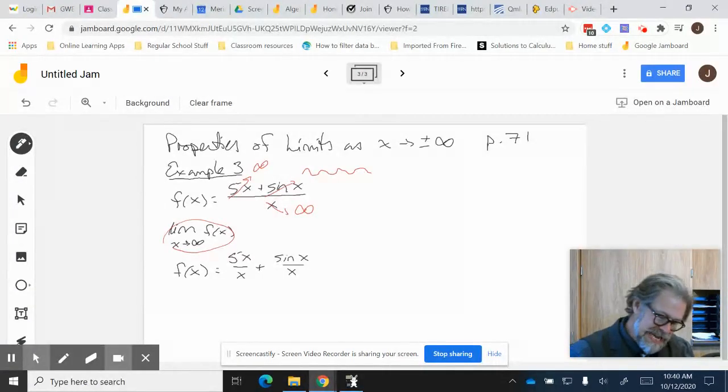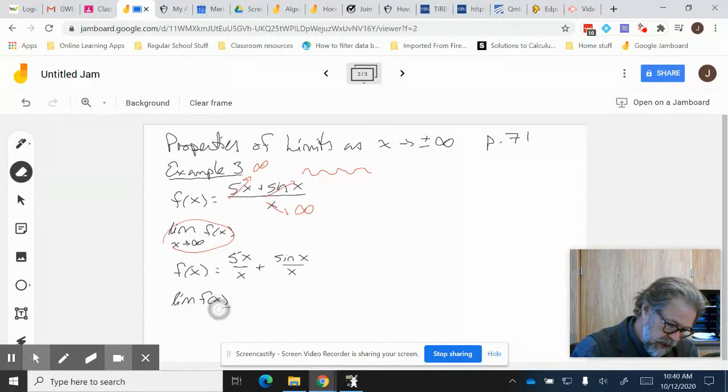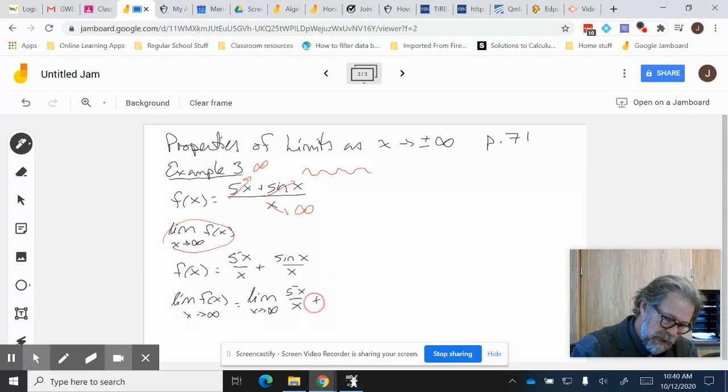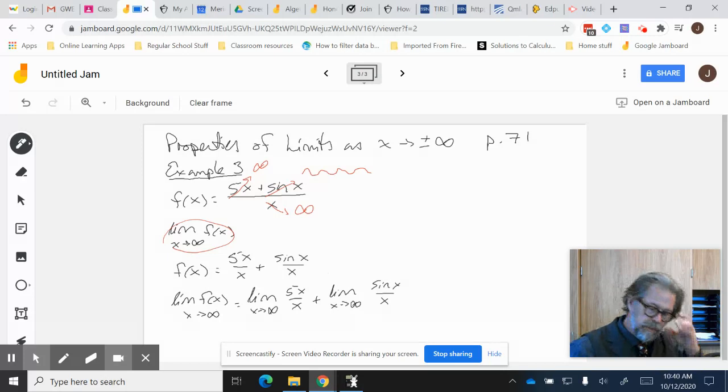Now, when I take the limit of f of x as x goes to infinity, this is the limit of 5x over x as x goes to infinity, plus the limit as x goes to infinity of sine of x over x, and I can analyze these separately.